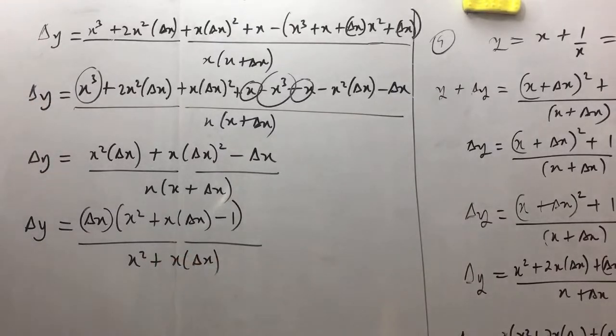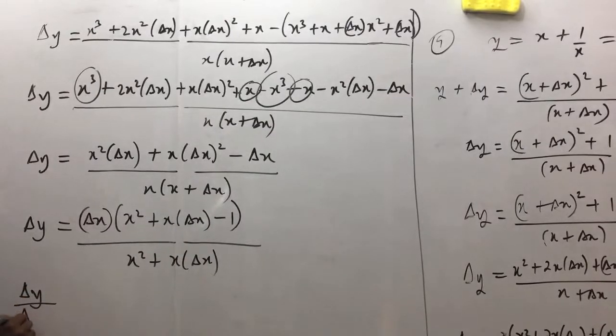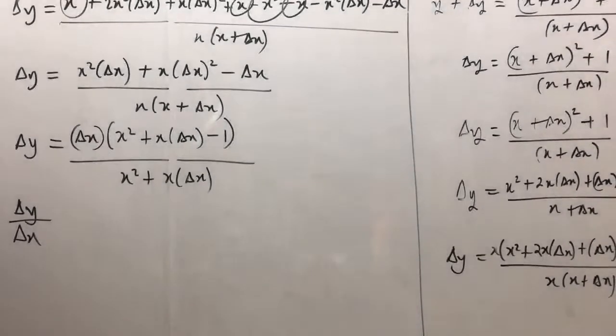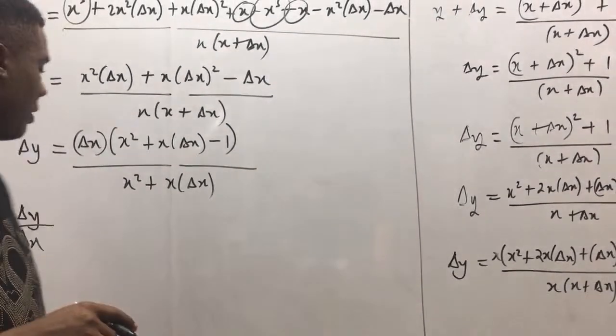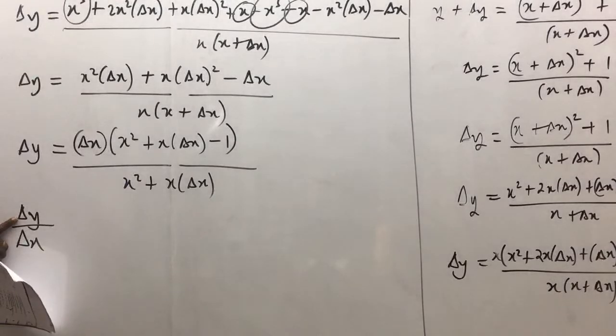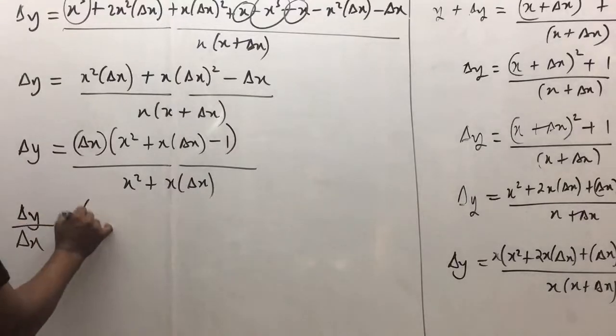So now that I've done that, I'm going to move a step further by taking my gradient function. Your gradient function is you taking the increment, changing y, and dividing that by the increment changing x.